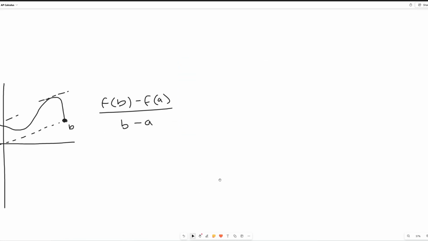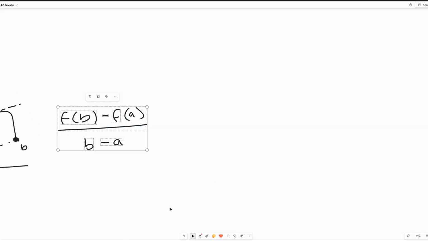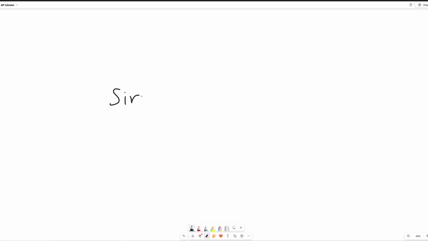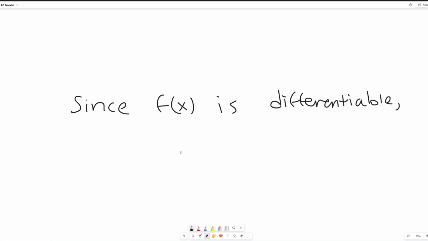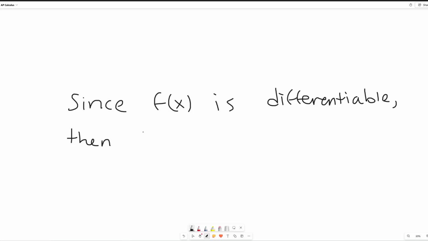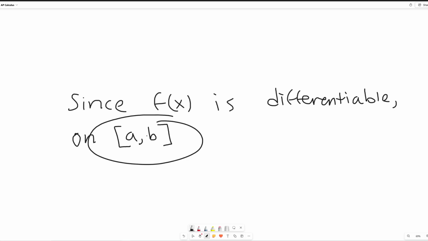Now, how would you write this out formally? Well, you would say, since f of x is differentiable, or you should say, because it's differentiable on a, b, on the interval a to b. This part is important because without that, you get the whole thing wrong.